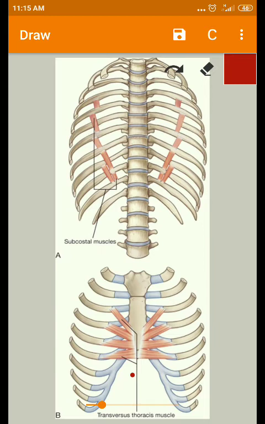This small muscle lies in the same plane as the internal intercostalis intimus.